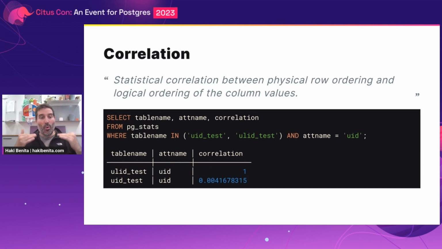However, for the sorted UUIDs that are constantly incrementing, we have perfect correlation. So in the first block of the table, we find the minimum value, and in the last block of the table, we'll find the maximum value.